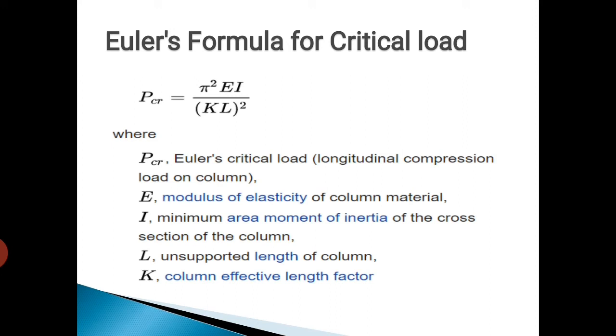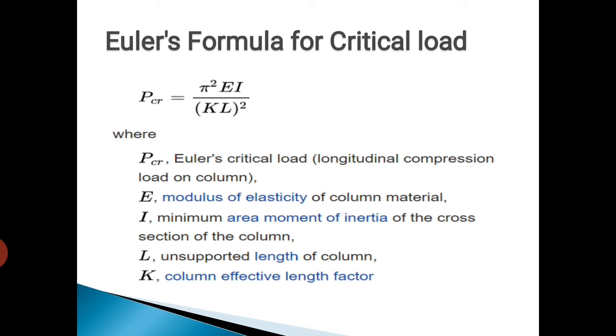So what is Euler's formula for critical load? It is mathematically expressed as P suffix Cr, where Cr means critical and P means load. So Euler's critical load is given by pi square EI divided by KL whole square, where PCR is the Euler's critical load, the longitudinal compression load on column, and capital E is the modulus of elasticity of column material.